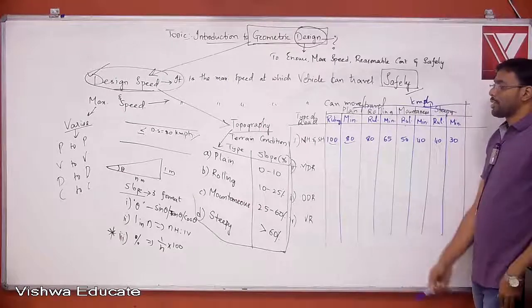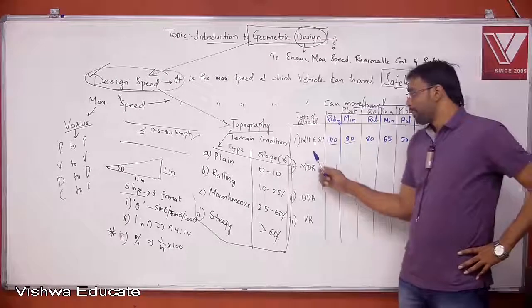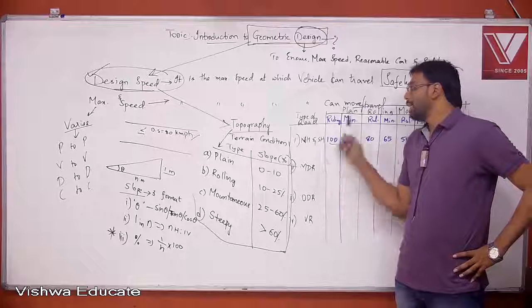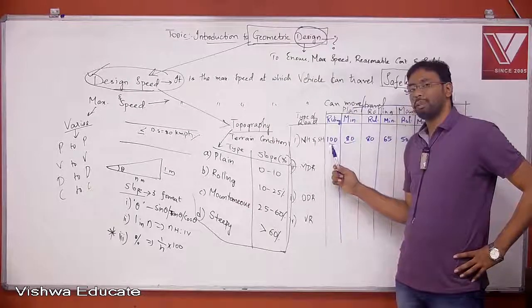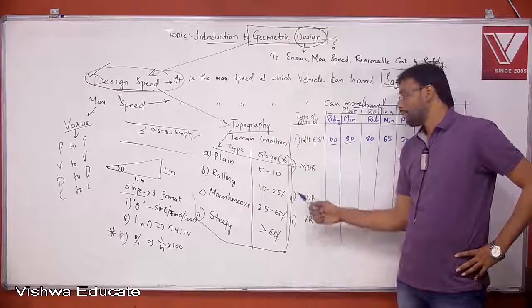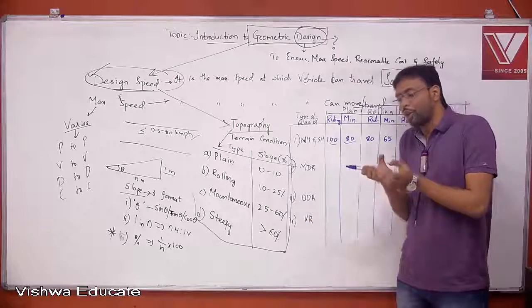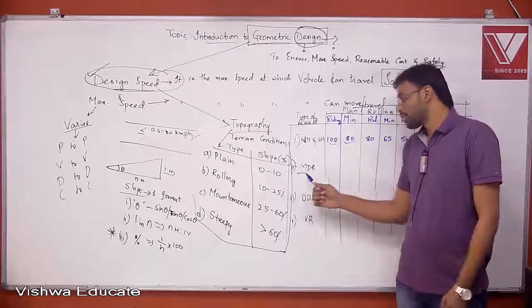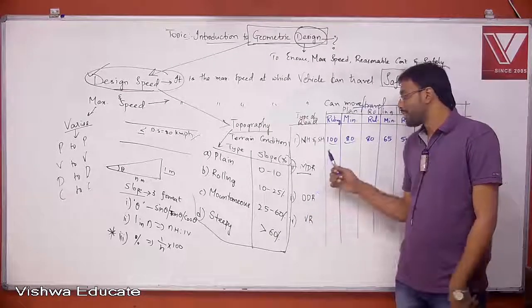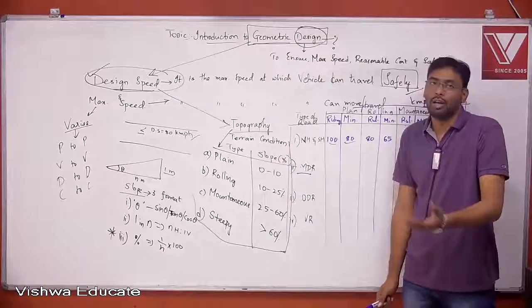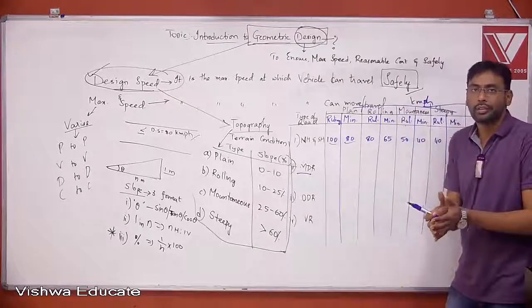Now you are decreasing the quality, means you are coming to a lower category road, that is major district road. So obviously this design speed will not be 100. It will be decreasing, right?